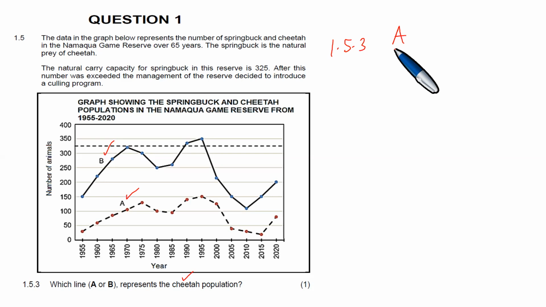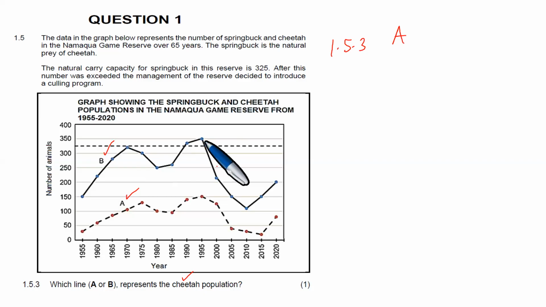Why would that be the case? There are a couple of reasons. One of the most important is that you can see the cheetah population is more stable than the other one. It doesn't fluctuate a lot, but B fluctuates a lot. It started at 150 and then went up to 350, but at some point it was just above 100.